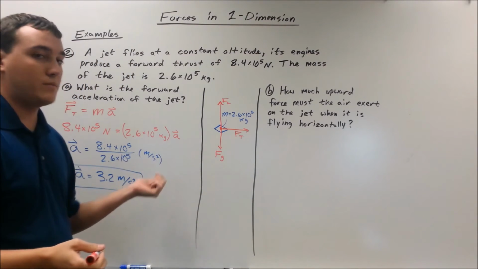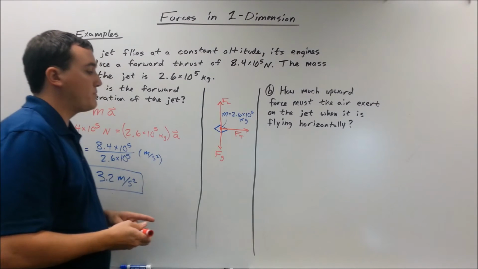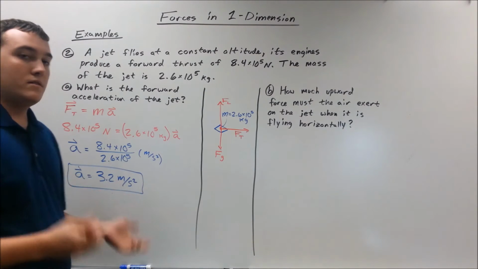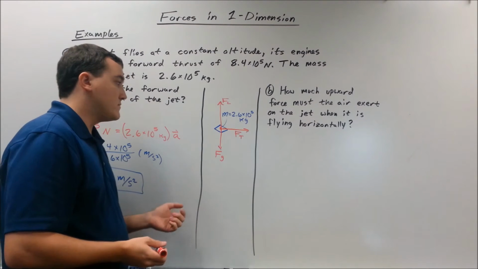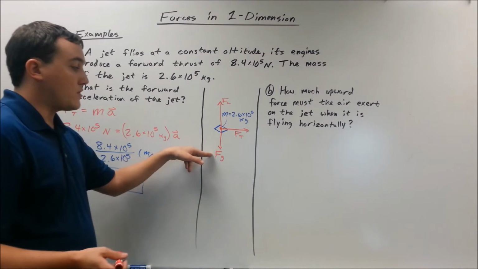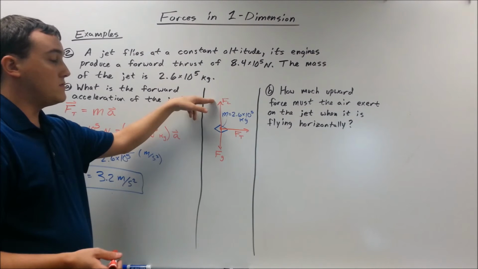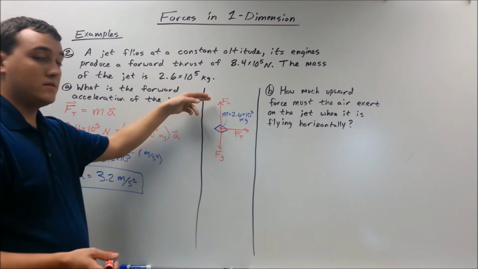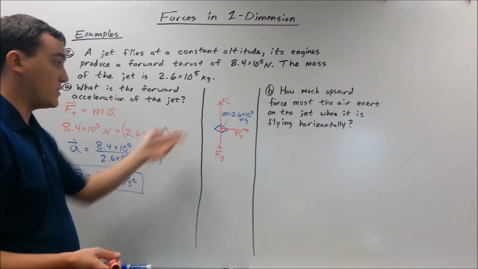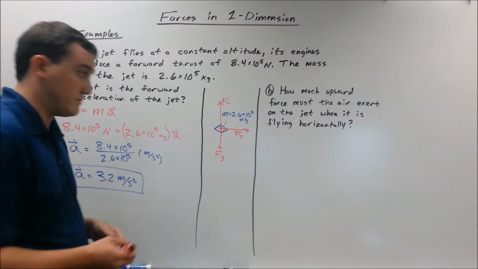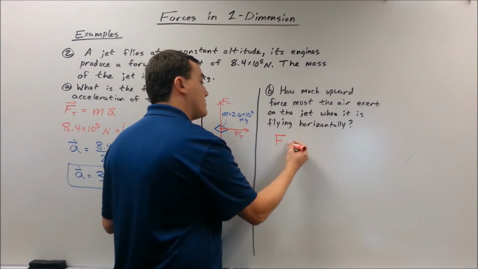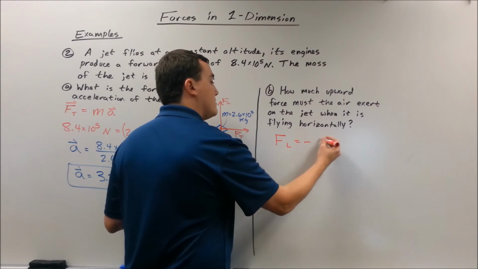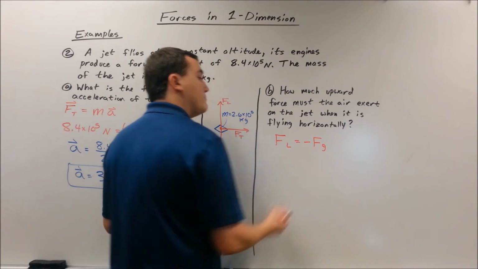Right? That's what's keeping the plane up in the air. From Newton's third law, we know the force of gravity here is equal to negative force of lift, or vice versa. We know these are equal but opposite. So we could say what we're trying to find, our force of lift, equals negative the force of gravity.